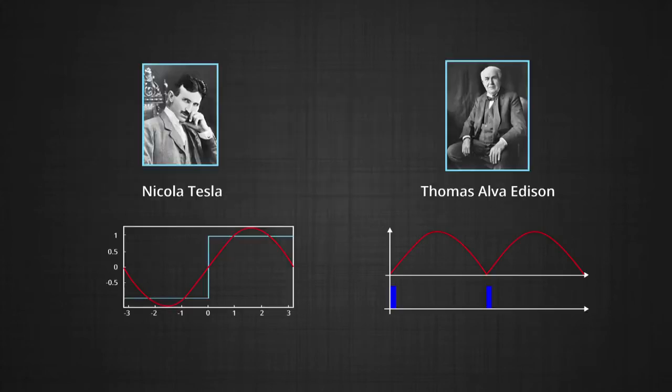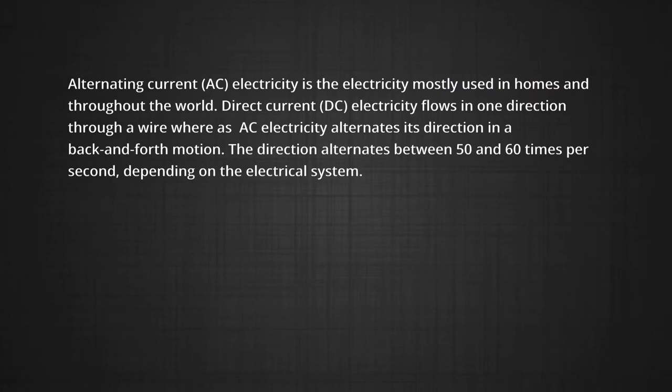Here we can see these revolutionary scientists and their inventions: Thomas Alva Edison, who discovered the incandescent light bulb, and Nikola Tesla, who discovered AC. These two waveforms show alternating current, where electricity is mostly used in homes throughout the world.